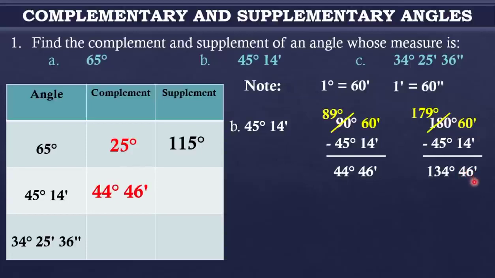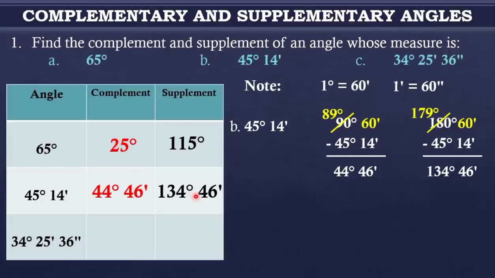And 179 minus 45 is equal to 134 degrees. So we have 134 degrees and 46 minutes.